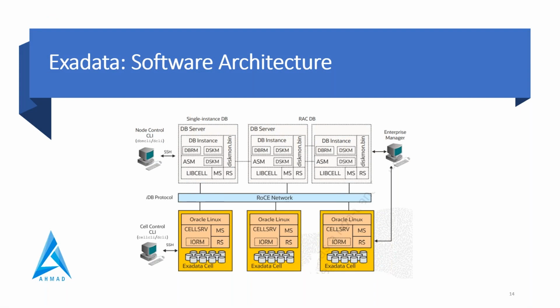If you see this also, Oracle Linux provides the Exadata server operating system, 64-bit, and CellSRV is the primary Exadata storage server component and provides the majority of Exadata storage services. So CellSRV is a multi-threaded server.